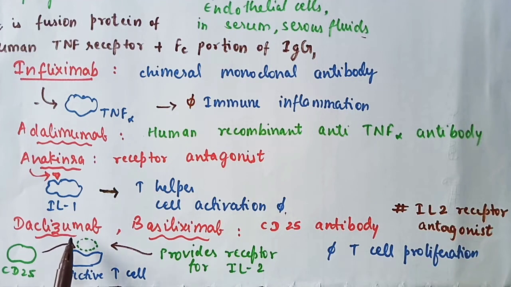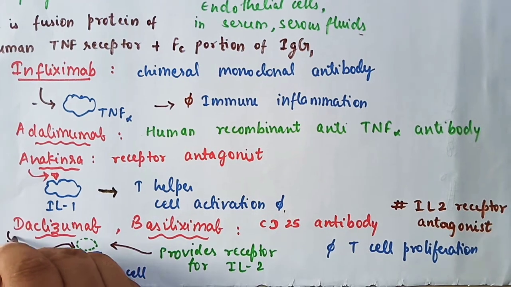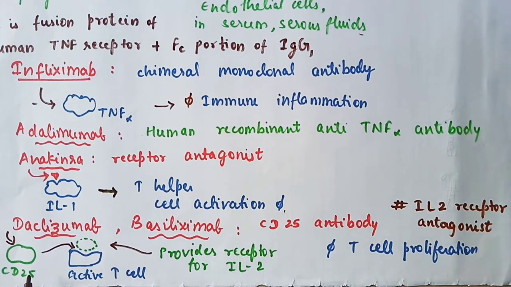If daclizumab and basiliximab are given, they cause the inhibition of this CD25. Since the CD25 antibody binds to CD25, no receptor formation for interleukin-2, no activation of T cell, no proliferation and no differentiation, no immune response.